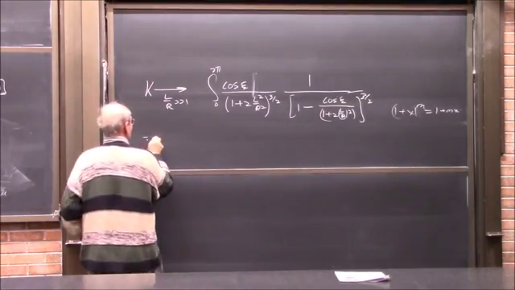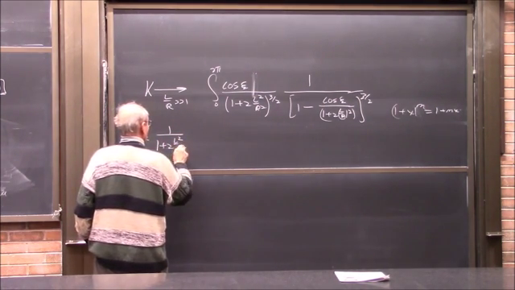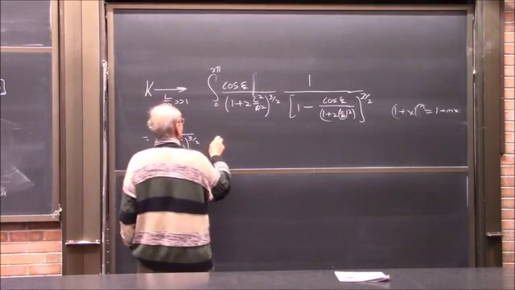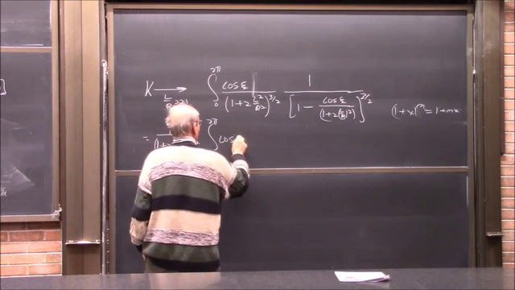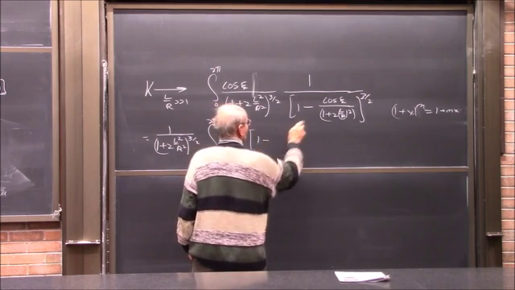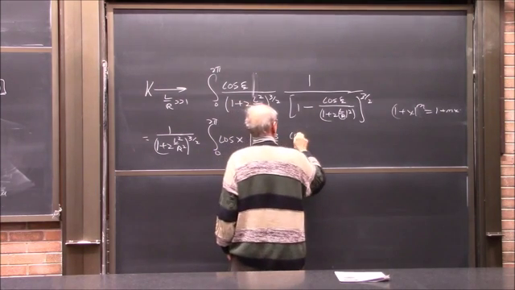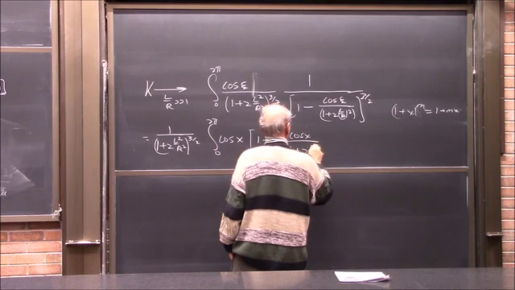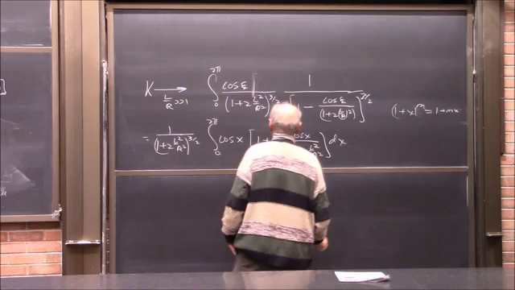And so this will become 1 plus 2 L squared over R squared, to the 3 halves, times the integral from 0 to 2 pi of cos x times 1 minus, a minus makes a plus, 3 halves cos x over 1 plus 2 L squared over R squared dx.